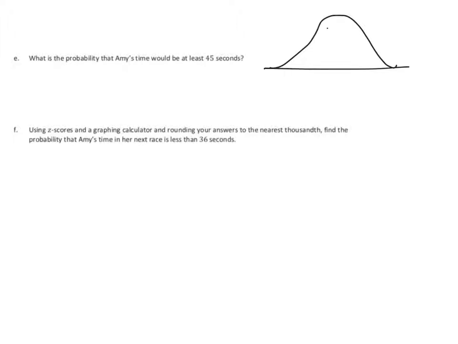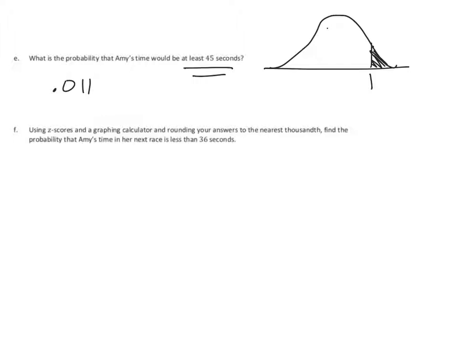Since Amy's times have a continuous distribution, the probability of more than 45 seconds and the probability of at least 45 seconds are the same. So more than 45 seconds is this little piece, and at least 45 seconds has the same meaning. So our answer is the same as part D, about 0.011. That's just a different way to state the problem.